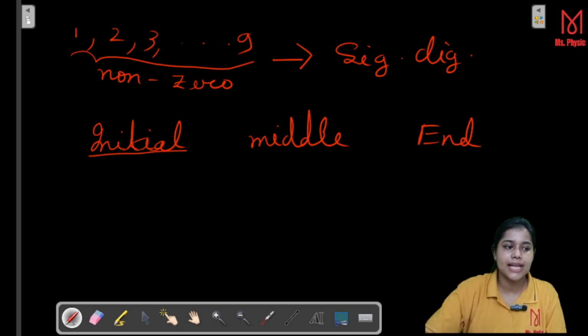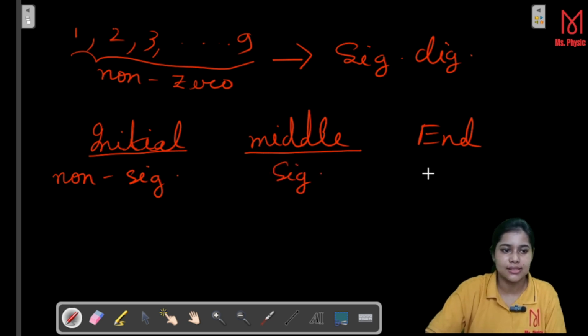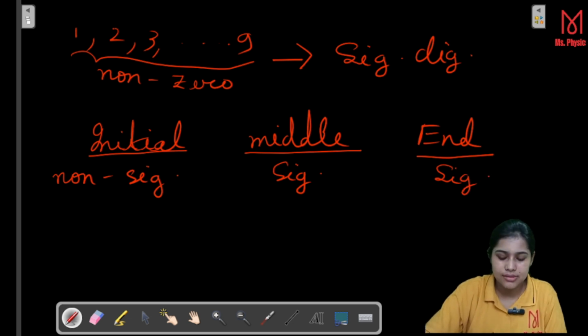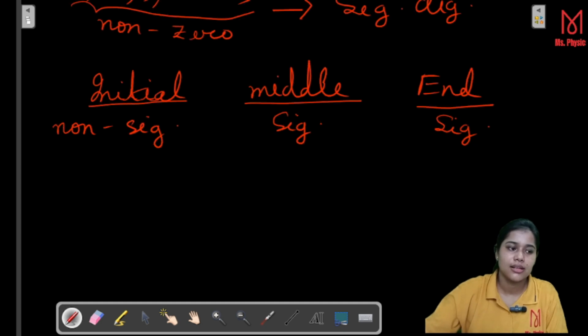Now, when it is placed at the initial position, then it will be considered as your non-significant digit. When it is placed in the middle, then it will be considered as a significant digit. When it is placed at the end after the decimal, then also it will be called your significant digit. I am sure it is not clear.